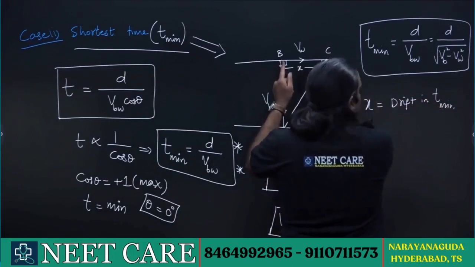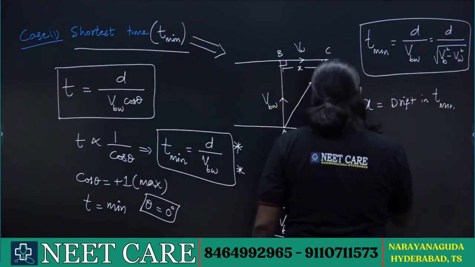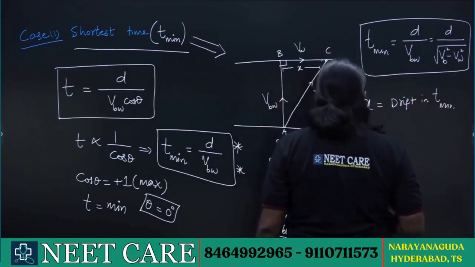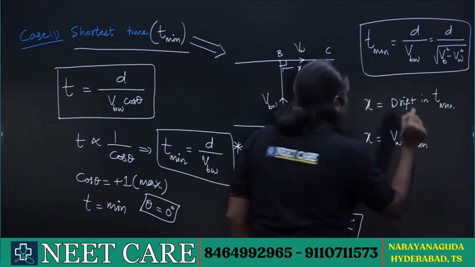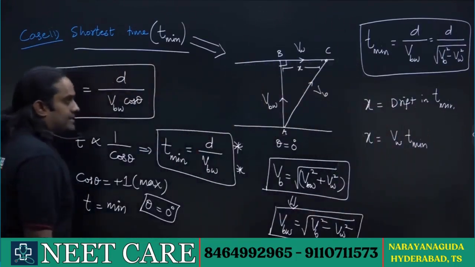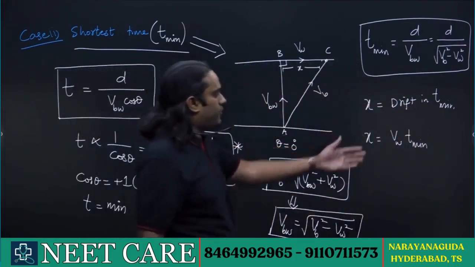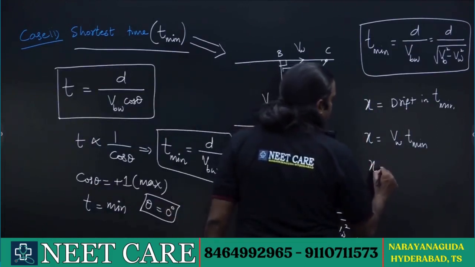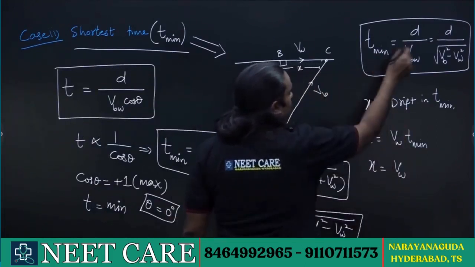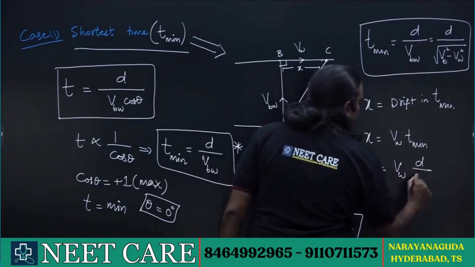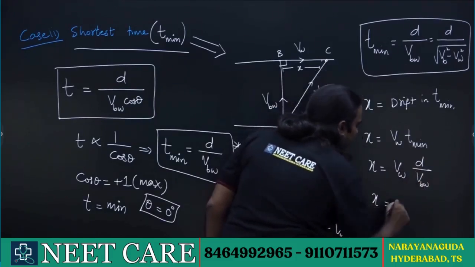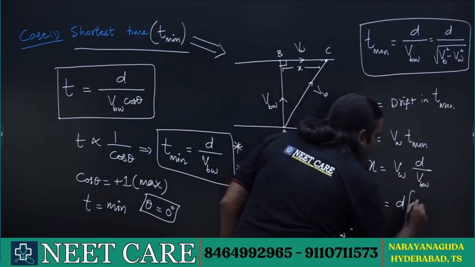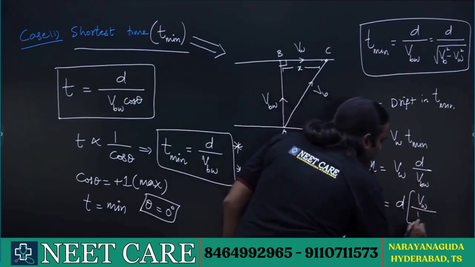How much lateral displacement has taken place? X is equal to, distance is equal to speed into time, so VW into T minimum. We have taken T minimum as D by VBW. So X in minimum time can be written as D into VW by VBW.